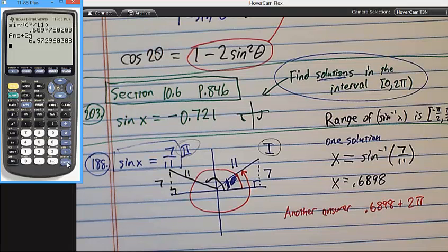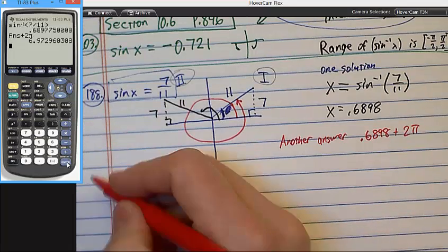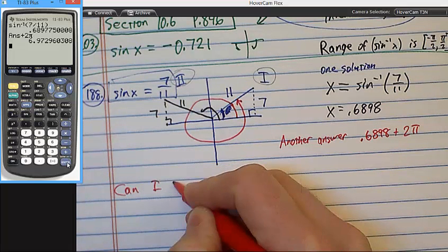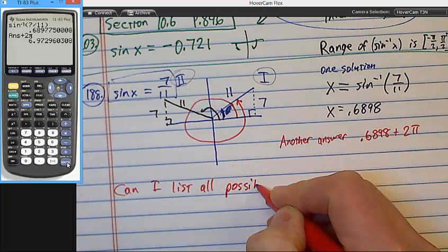But you know, it's going to be kind of dumb if I'm going to sit here and start listing every answer I can think of, right? I'll just be spinning my wheels literally. So instead, can I list all possible answers? That's the question.